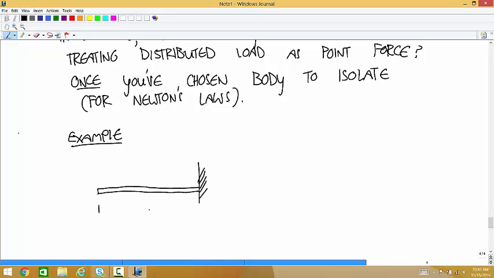It's 2 meters long, and it has a mass of 100 kilograms. What are the internal loads?